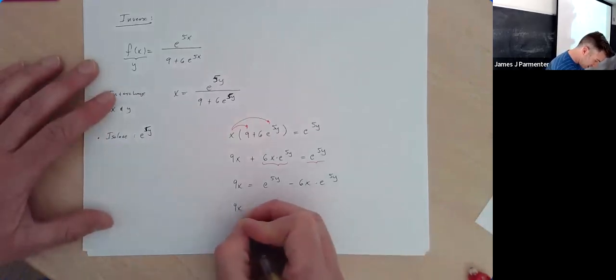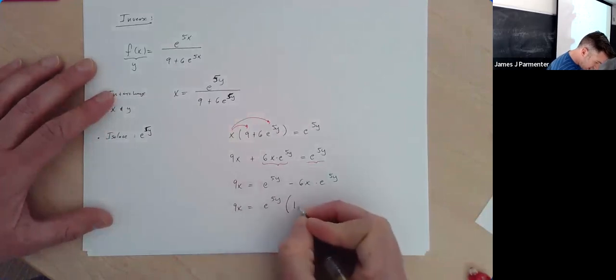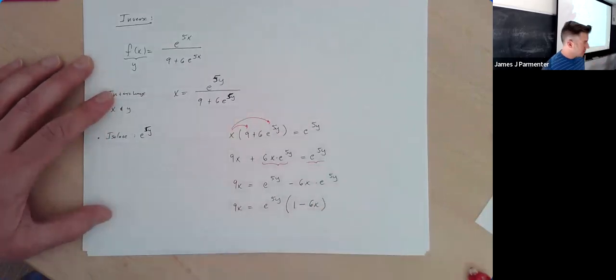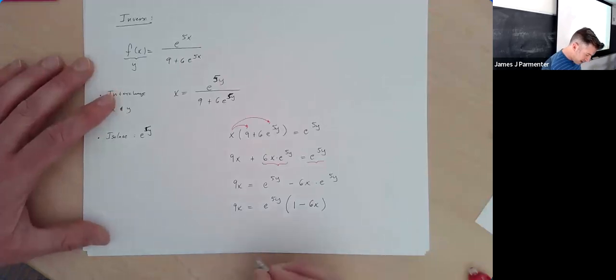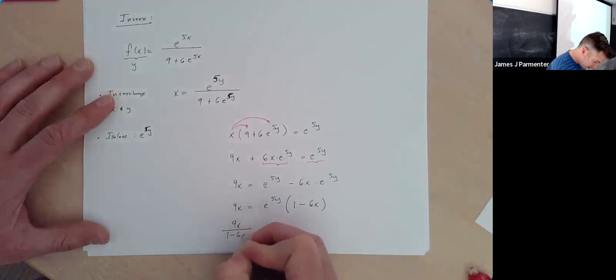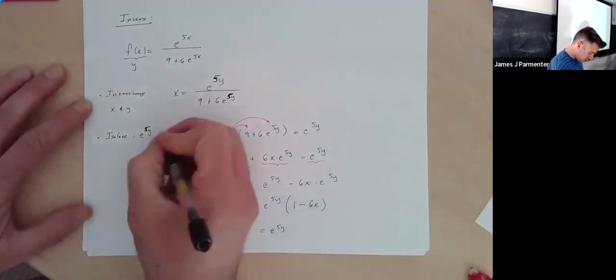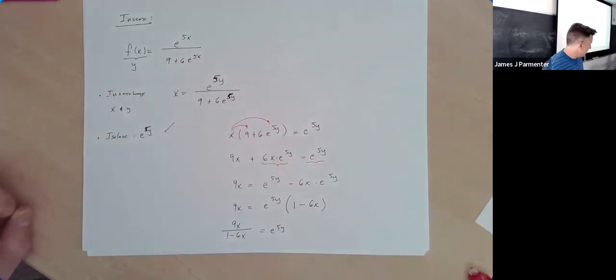So I have 9x equal to e to the 5y times 1 minus 6x. Then I've met my intermediate goal after I divide both sides by 1 minus 6x. So 9x over 1 minus 6x is equal to e to the 5y. Check.